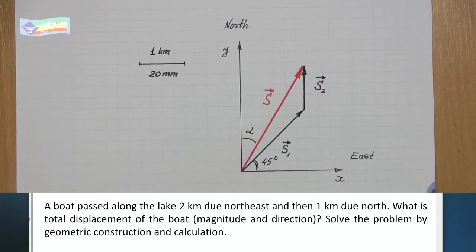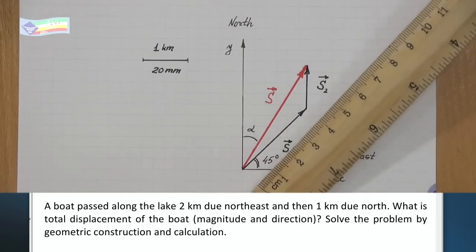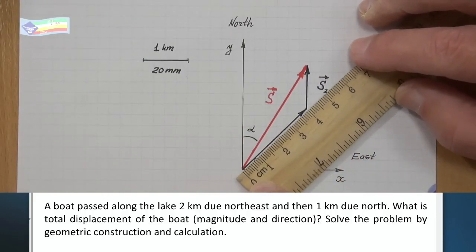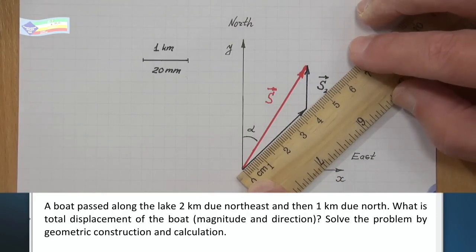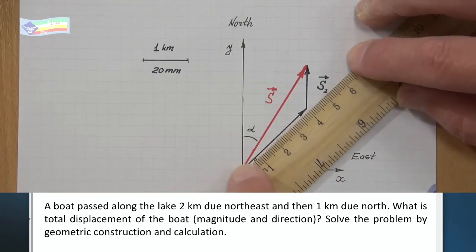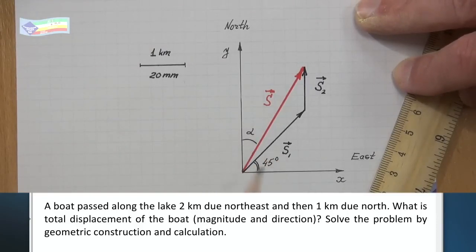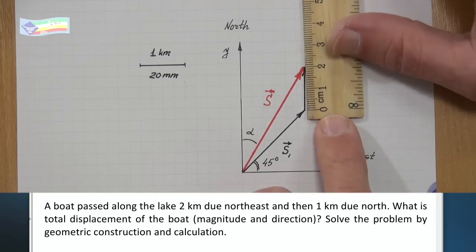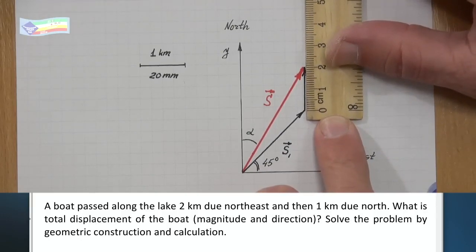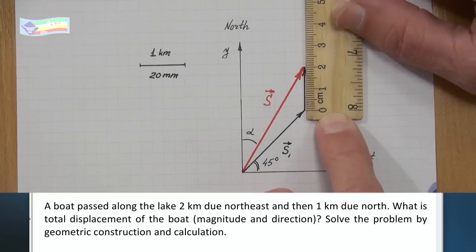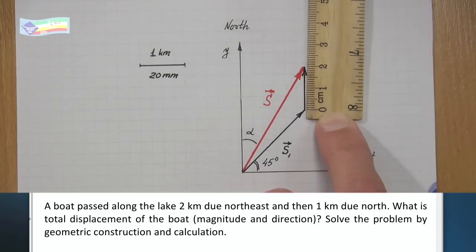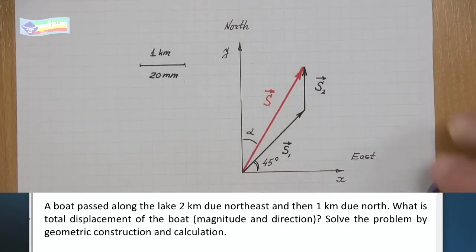So S1 vector is 2 kilometers, and according to the scale chosen, 40 millimeters, due northeast at an angle of 45 degrees to the east. S2 vector, 1 kilometer, corresponds to 20 millimeters on the picture, and the resultant displacement is in red.